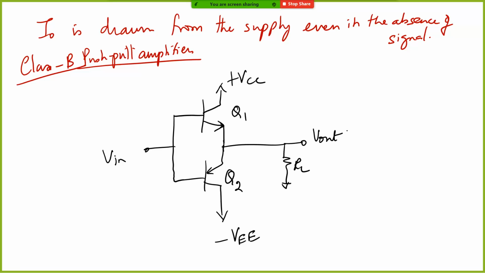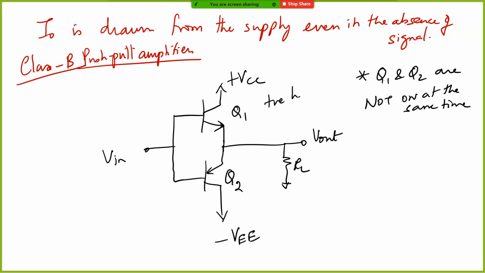So Q1 and Q2 are not on at the same time. Q1 takes care of the positive half cycle, and Q2 takes care of the negative half cycle.